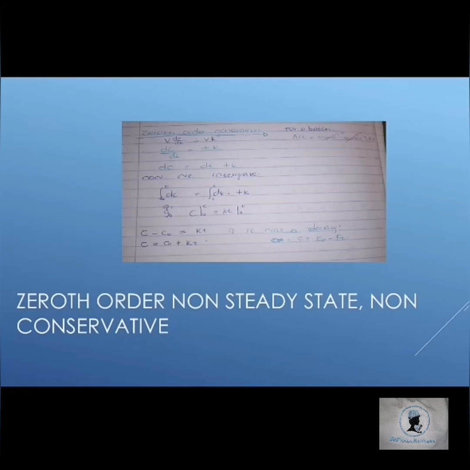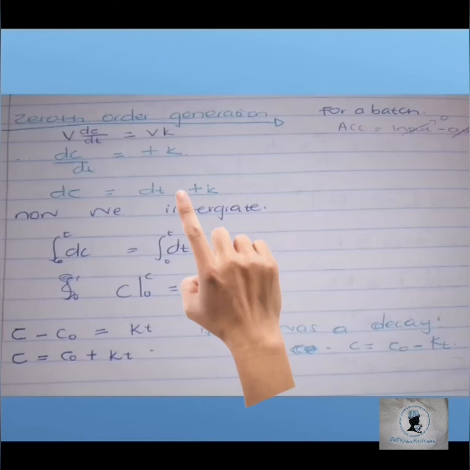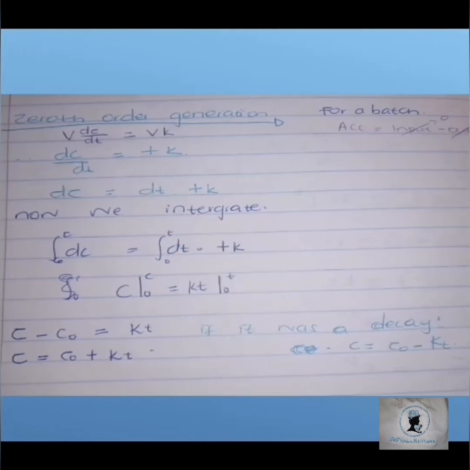Like I said, the mathematical name for accumulation rate, V dC/dt, is equal to V k C to the power of naught, which is 0. So cancel out the V's. So here guys, please, it's not dt plus k. No, it's the positive k, meaning that it's a generation, multiplied by dt. You get it now?